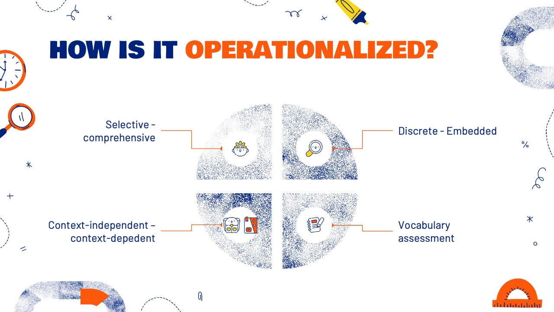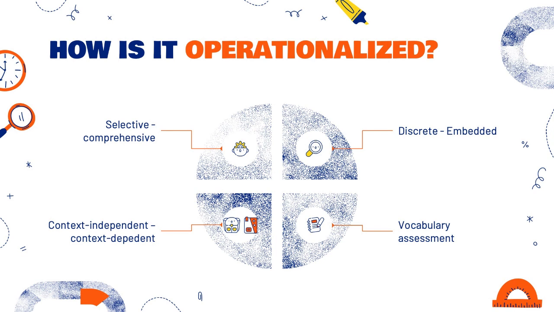The target words may either be selected as individual words and then incorporated into separate test items, or alternatively, the test writer first chooses a suitable text and then uses certain words from it as the basis for the vocabulary assessment. On the other hand, a comprehensive measure takes account of all the vocabulary content of a spoken or written text.